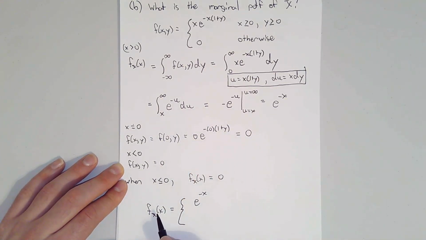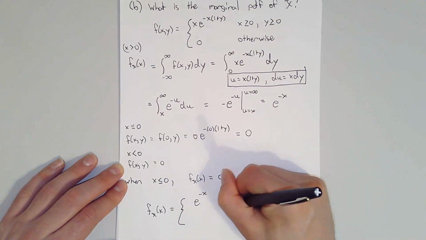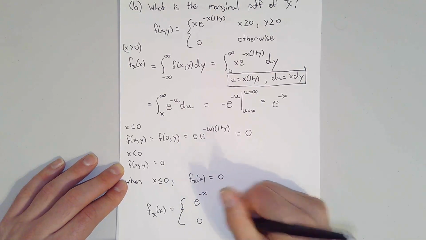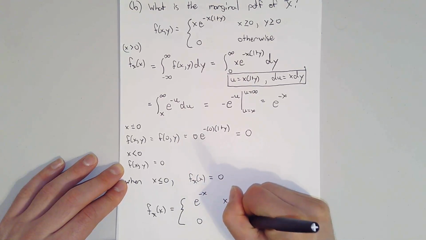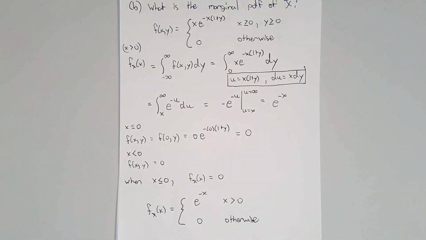So our marginal PDF is equal to e to the negative x when x is greater than 0, and 0 otherwise.